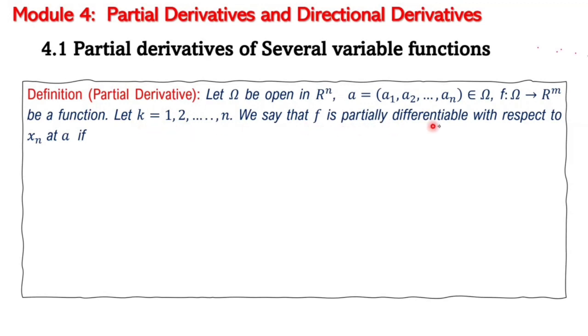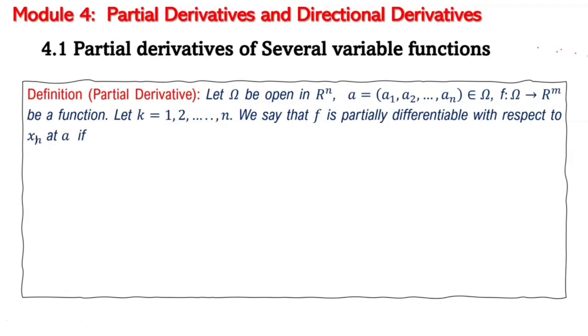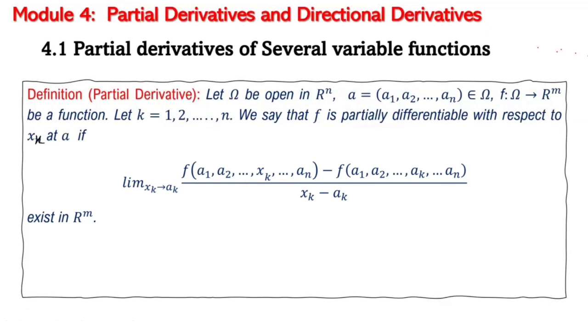We say that f has a partial derivative with respect to xk at a if we have the limit as x tends to ak of f(a1, a2, ..., xk, ..., an) minus f(a), over x minus ak.